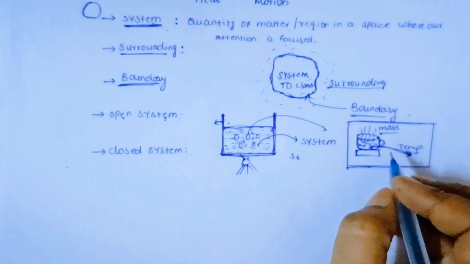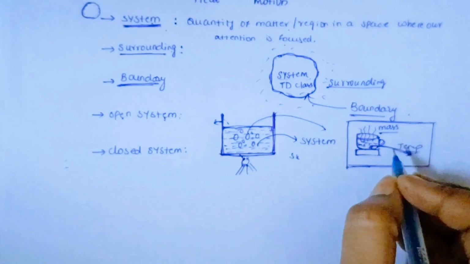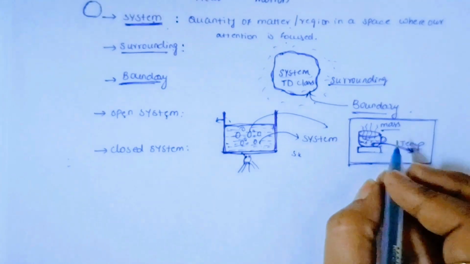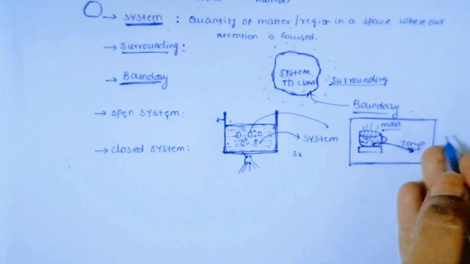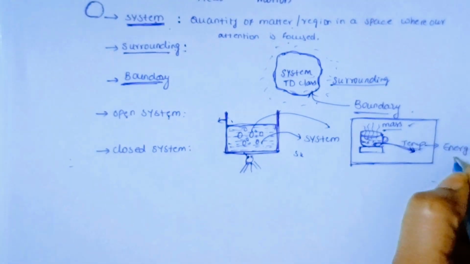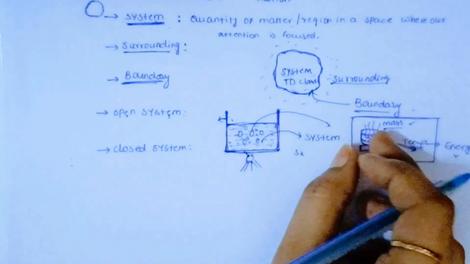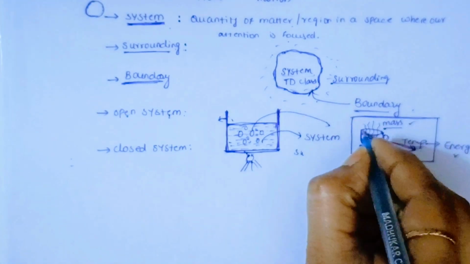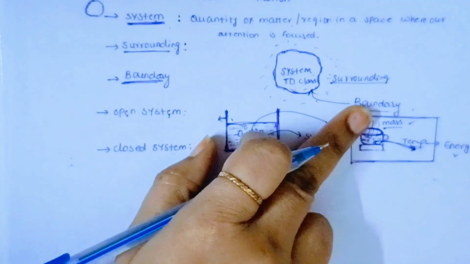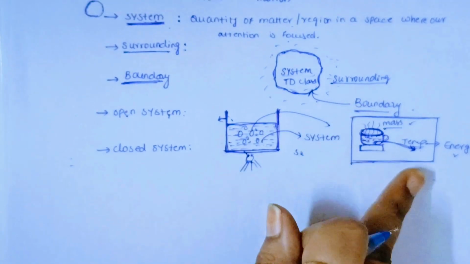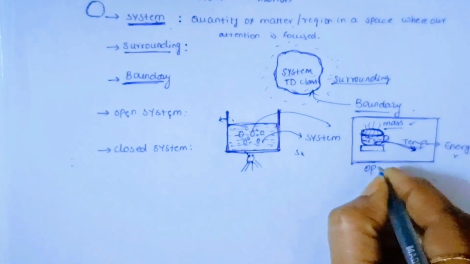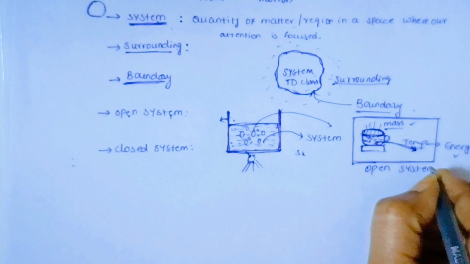So when your mom kept the cup aside, due to the temperature difference, energy transfer and mass transfer are occurring. Here your coffee cup is open to the atmosphere, so mass transfer is occurring, and also due to temperature difference, energy transfer is done. So this comes under the example of an open system.